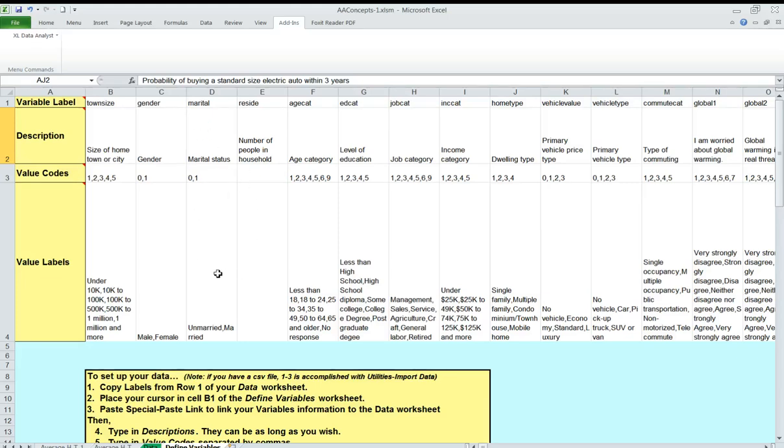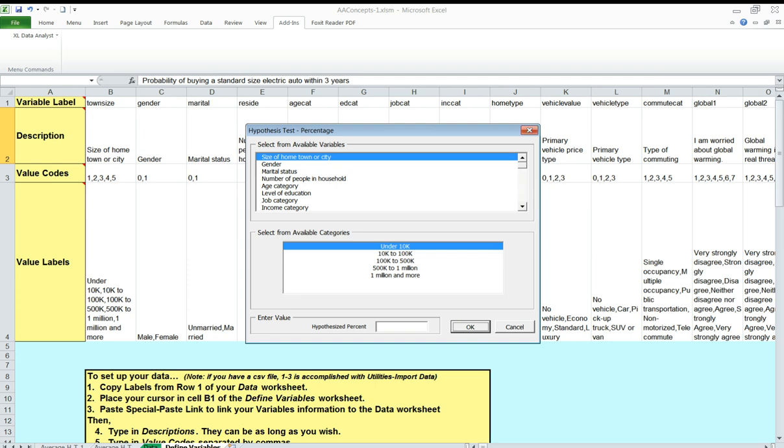So I'm going to compare the proportion of unmarried people to 52. Because this is a categorical variable, I need to select percent. Now, marital status, unmarried, and I want to compare it to 52. So let's see if it is equal to 52, greater than 52, or less than 52%.